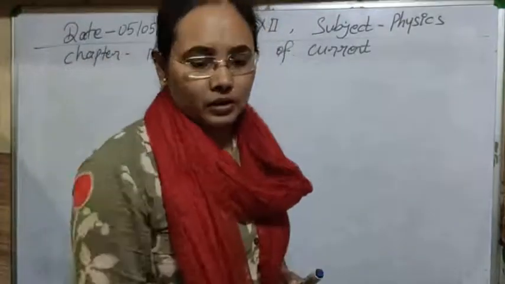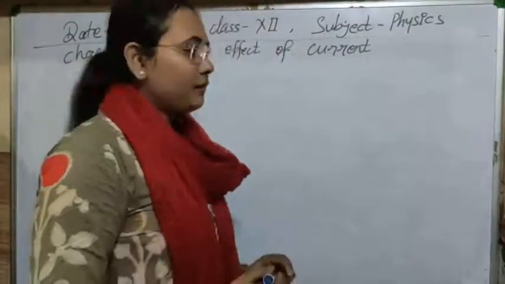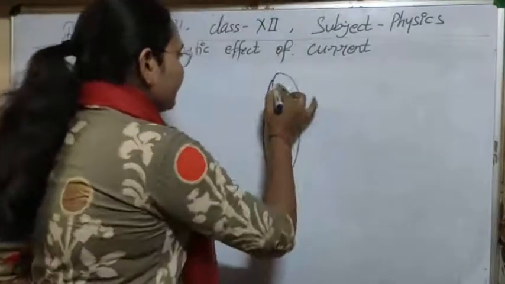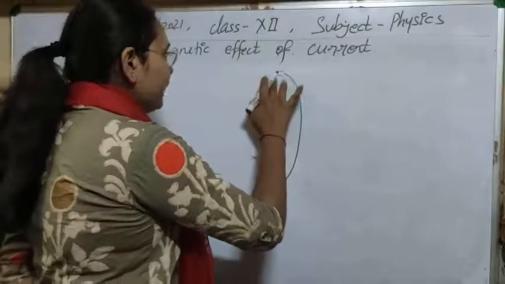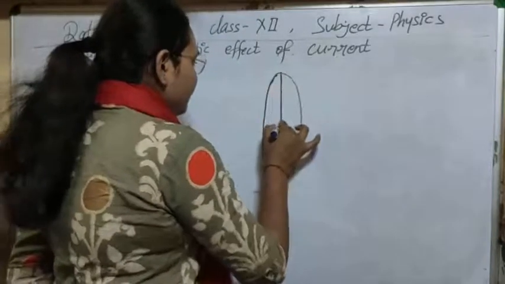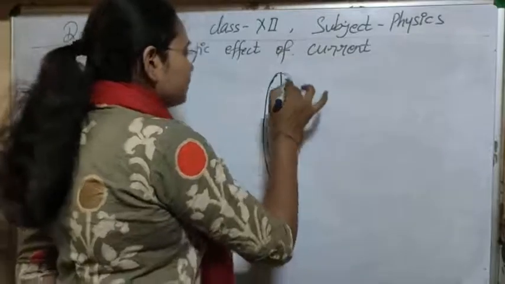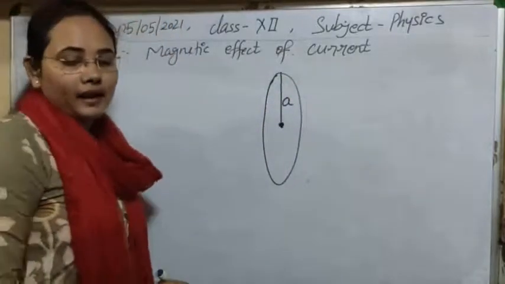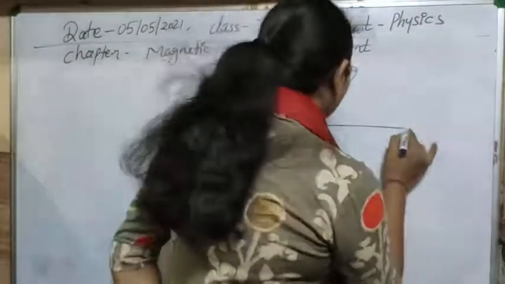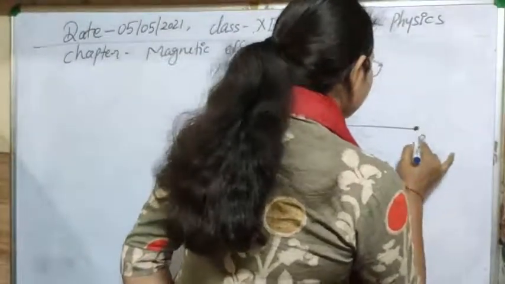Okay, so for that case, first of all let's draw a figure. We have this current carrying loop, and this is the center of the loop, and let the radius of this loop be small a. Now at any point P we have to calculate the magnetic field.